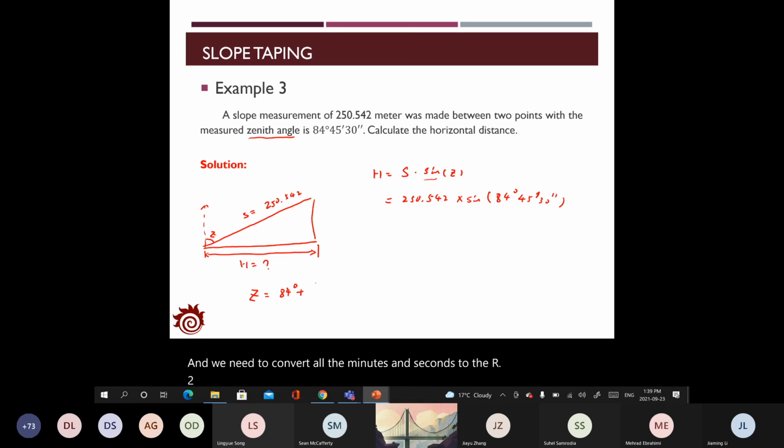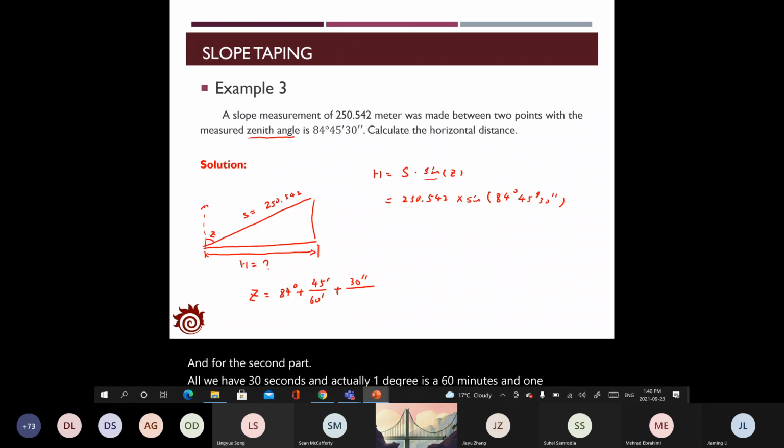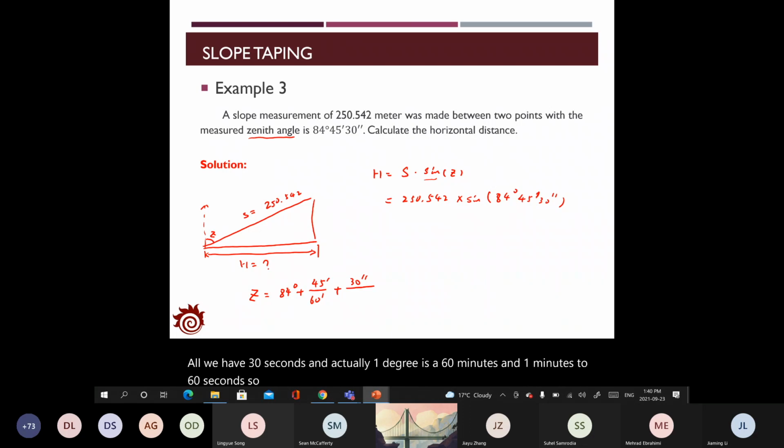So we have the minutes part as 45 minutes divided by 60, and for the second part, we have 30 seconds, and actually 1 degree is 60 minutes and 1 minute is 60 seconds. So it indicates that 1 degree is 3,600 seconds.